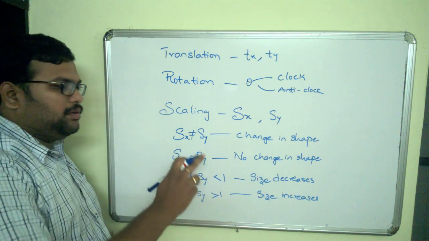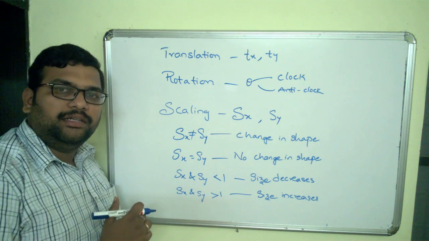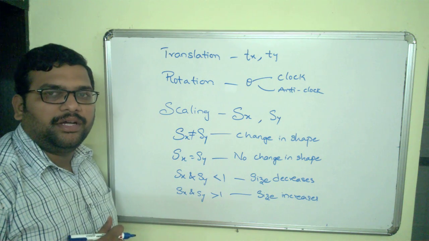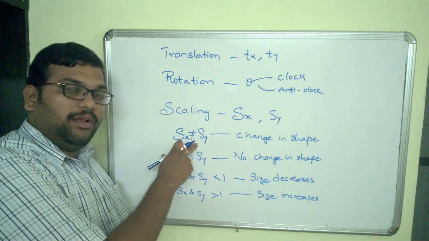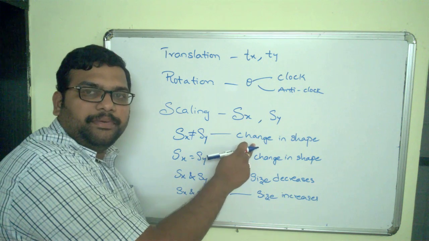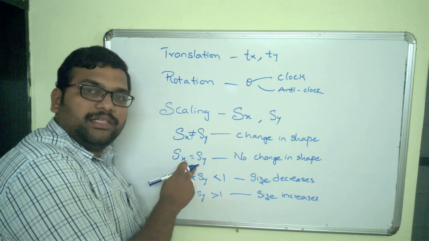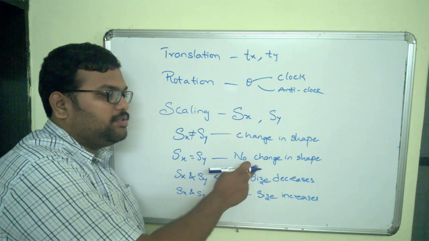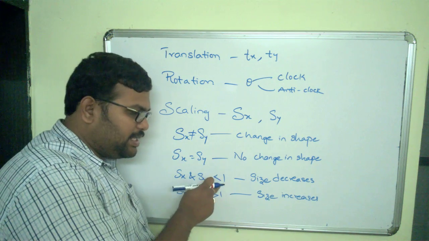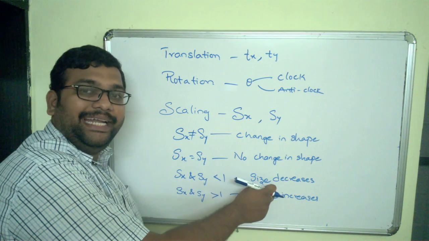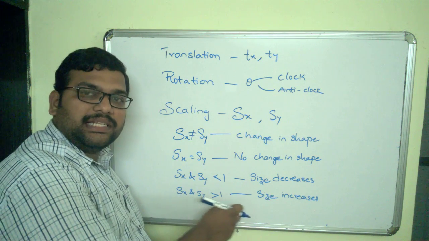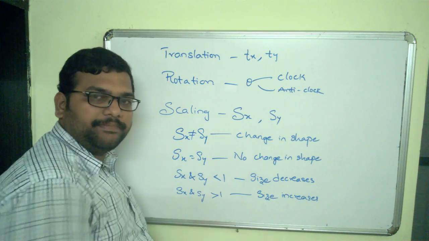So scaling means changing in shape or size of an object. If both the scaling parameters are not equal, there will be change in shape. If both are equal, there is no change in shape. If both are less than 1, the size of an object will decrease. If both are greater than 1, the size of an object increases.